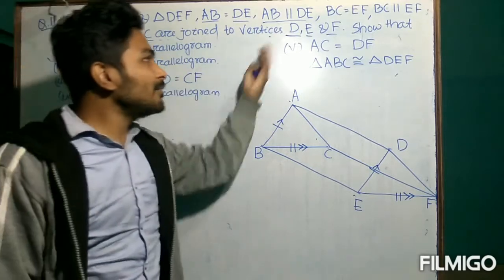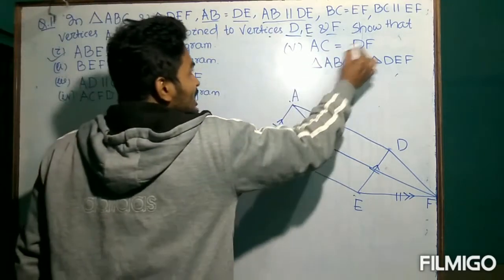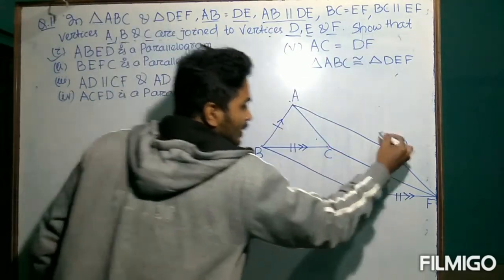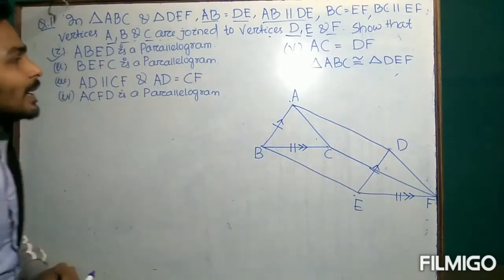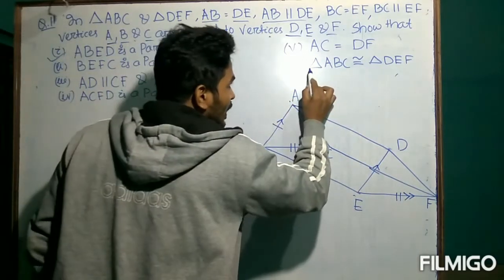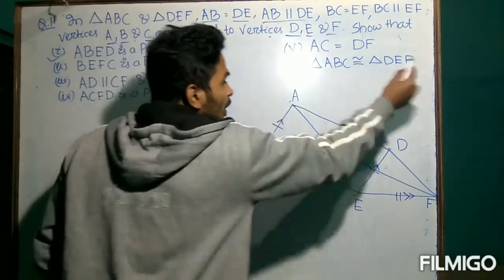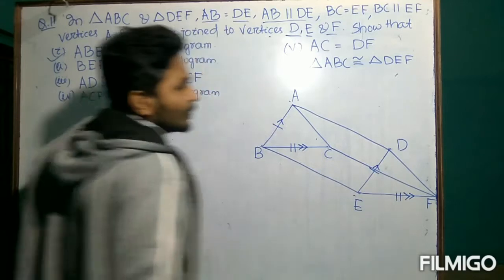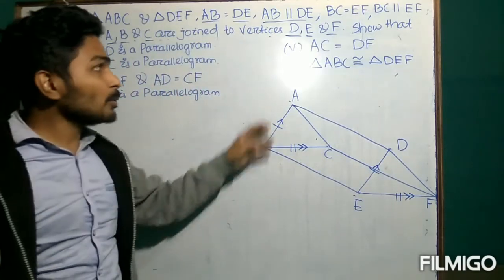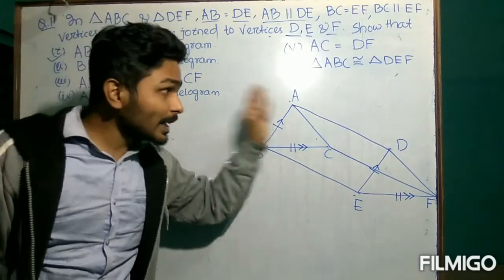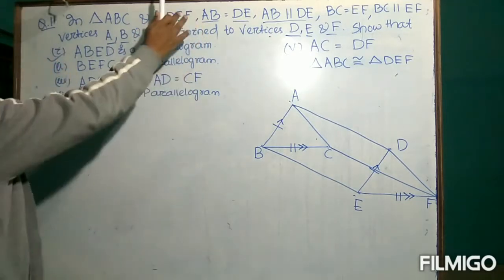Fifth, AC is equal to DF. And the last but not the least, prove that triangle ABC is congruent to the triangle DEF. Okay, so we have to prove all those 6 statements with the help of the data given in this question.